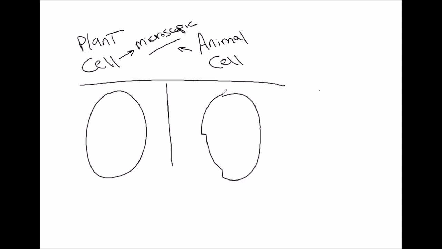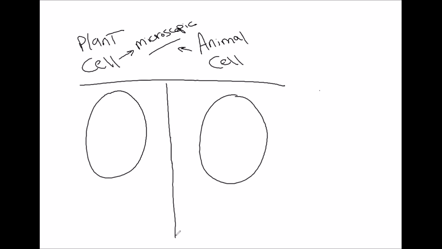I'm sorry, I don't know what happened in here. So the animal cell also has cell membrane, okay? What does a cell membrane do? It controls everything that goes in and out of the cell, like the classroom walls, and also keeps everything inside the cell.